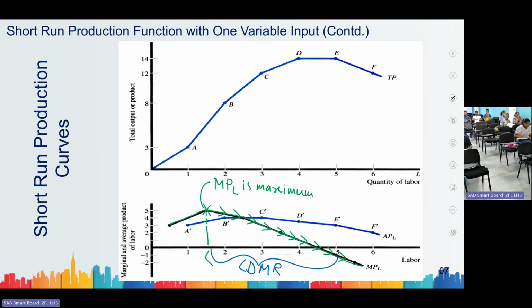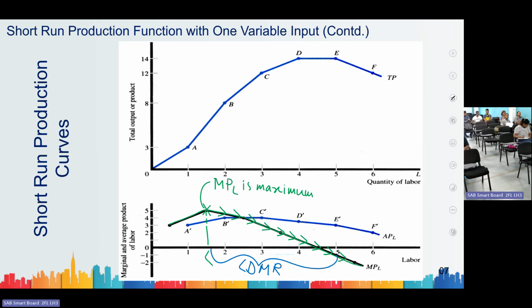What is the meaning of the law of diminishing marginal returns? When a firm increases its variable input, with a given amount of a fixed input, there is one particular point after which marginal product of the variable input starts to decline.